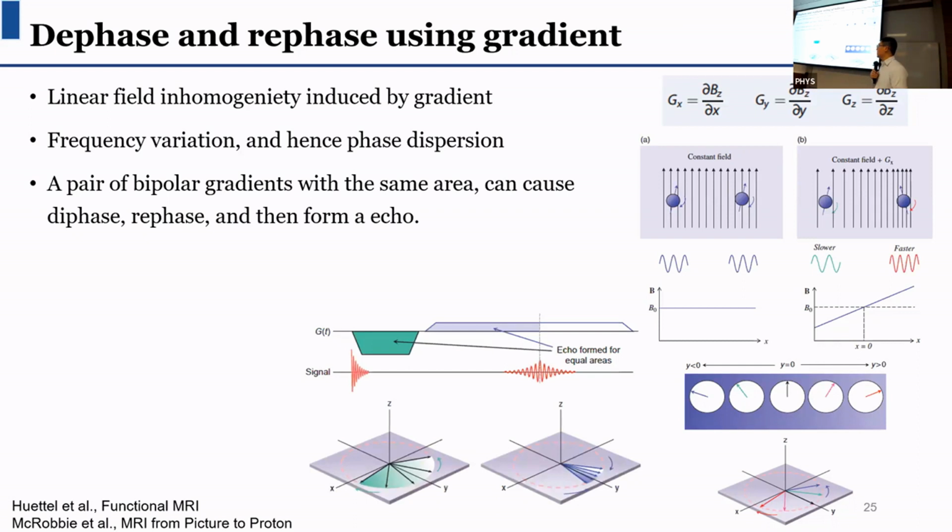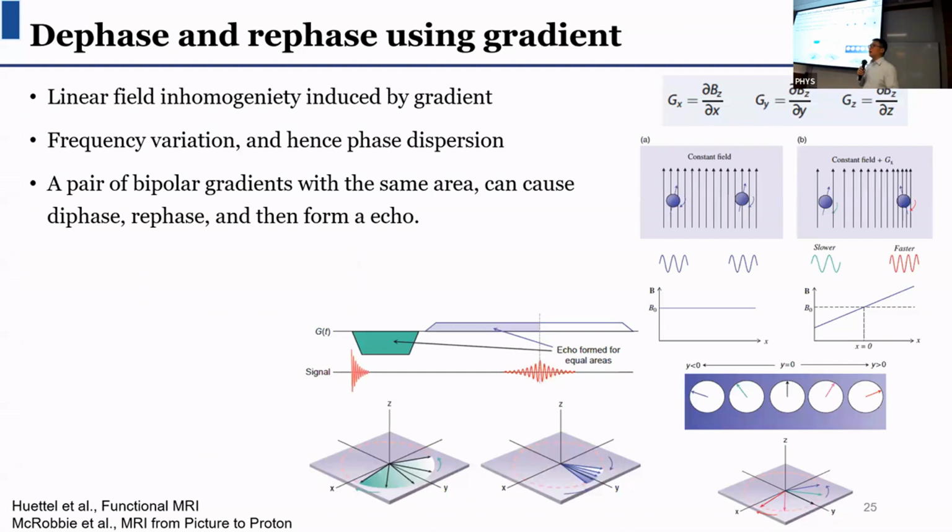The interesting thing is, if you apply a pair of bipolar gradients, that means it has a negative part and a positive part, and the area of the negative part and the positive part is the same. With the negative part of the gradient, the spins will just spread away in the whole plane.